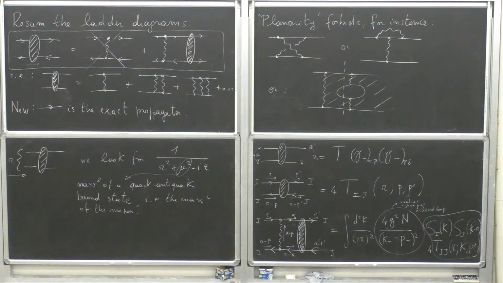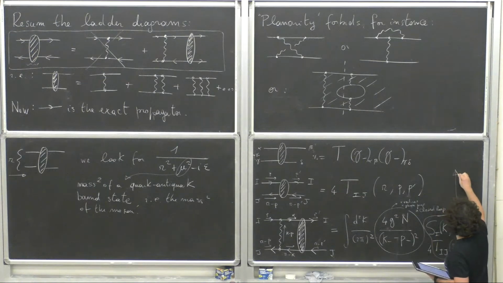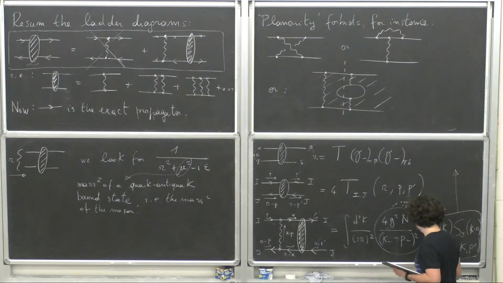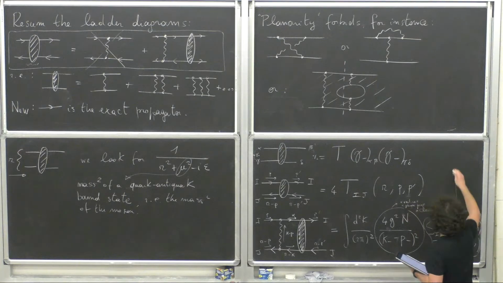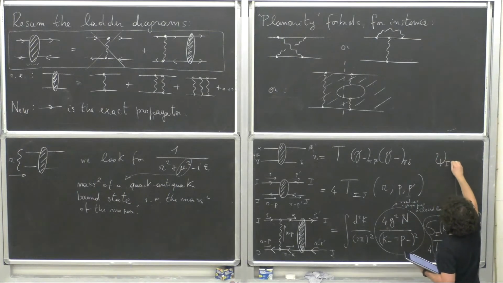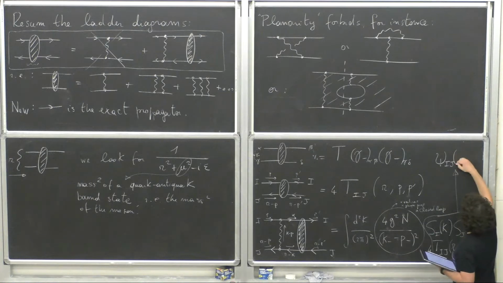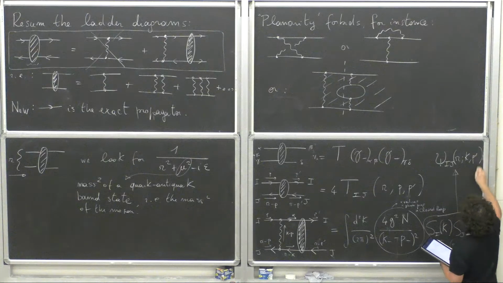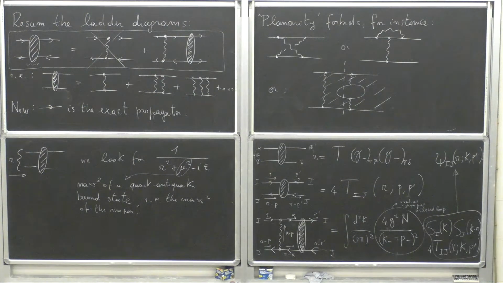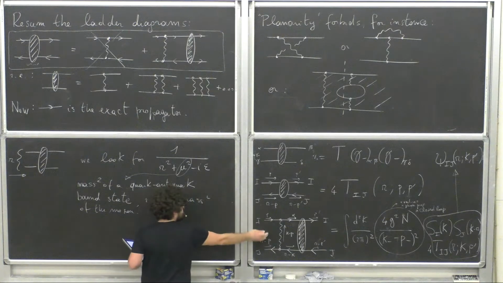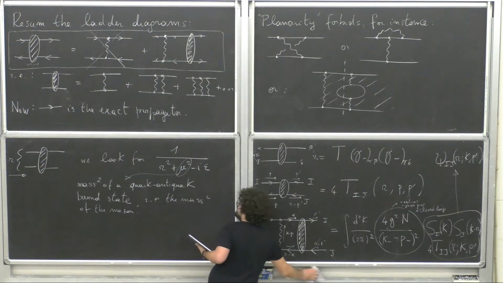Okay, so Sij times Tij, let's call it psi. This is really the notation in the 't Hooft paper. R, K, P prime. Okay, let's call it psi. So if we call it psi, equating these two guys, we get this equation.